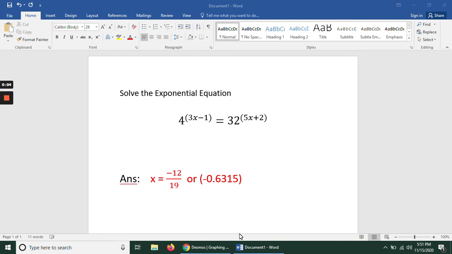Here is another way to solve an exponential equation. Now, I want to say this. Please do not worry about how complicated the algebraic method was in the previous video. Please do not worry about how complex it is.